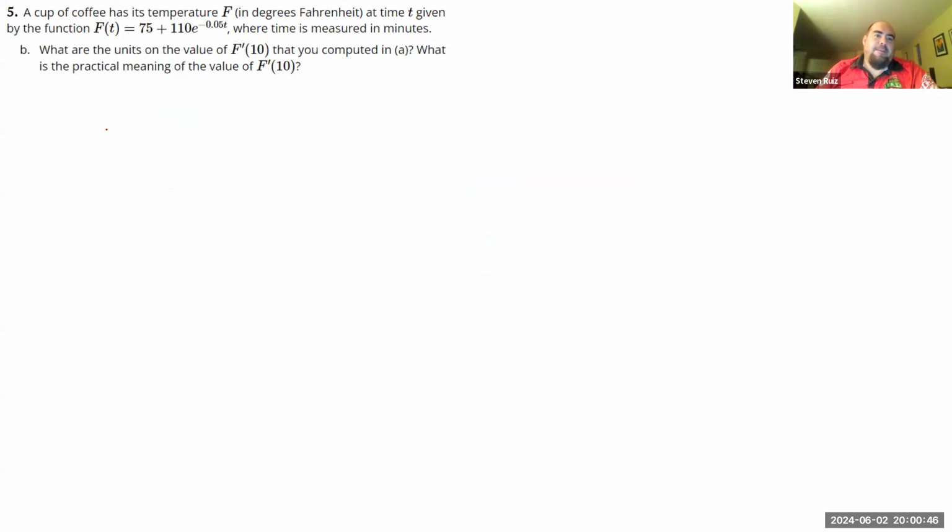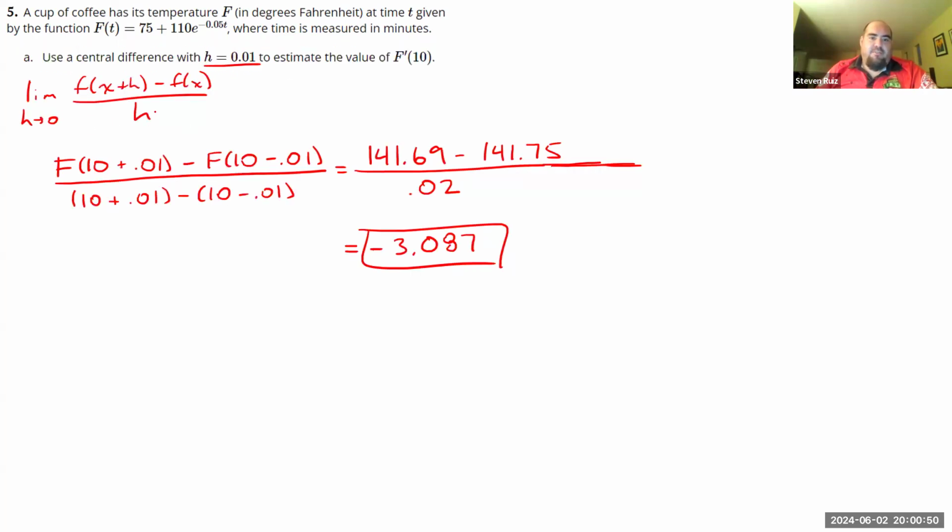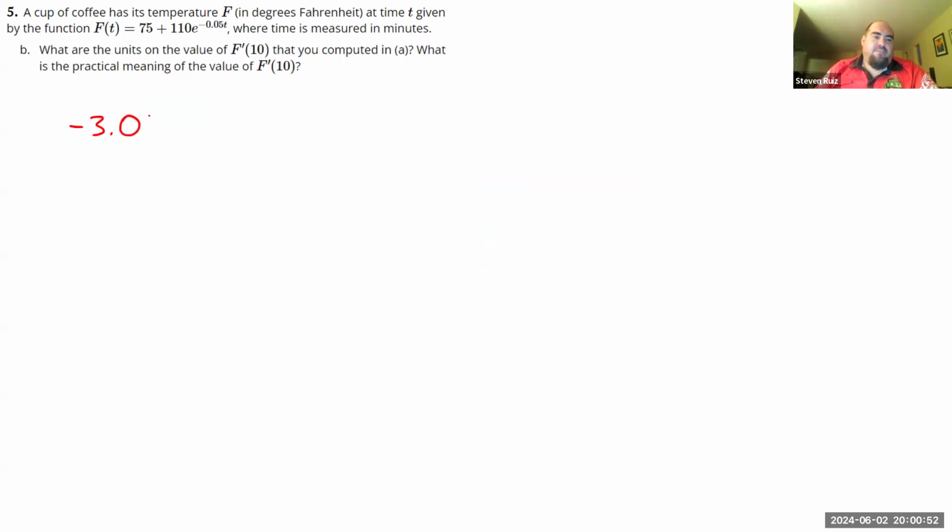So in part B, again, reminding you of the numerical value, negative 3.087, we're asked to do some interpretation now. What are the units on the value of this? We just found a rate that relates F and t. So it's the rate of change of whatever F is as a function of the rate of change of whatever t is.